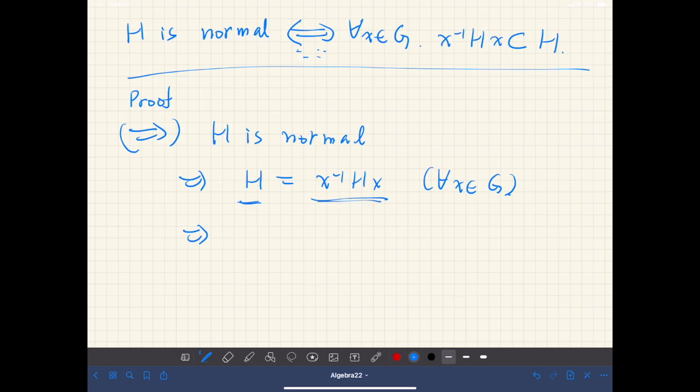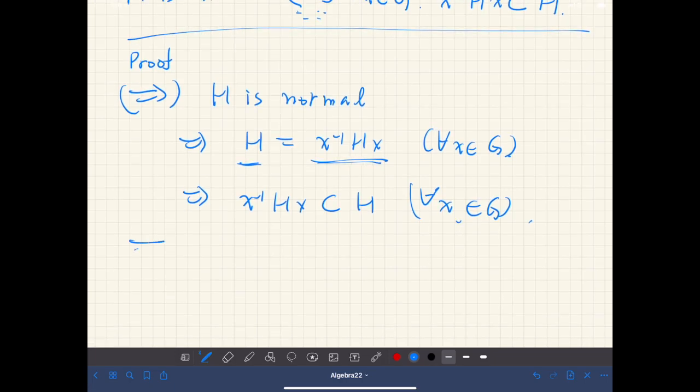So in particular, this implies that x inverse Hx is a subset of H for all x in G. So we are done.